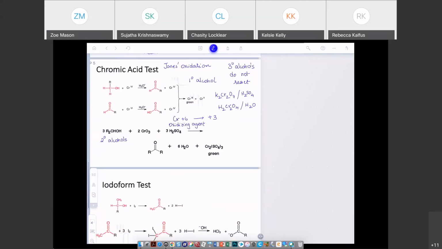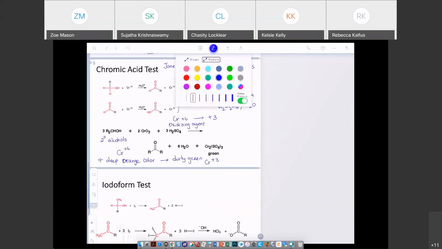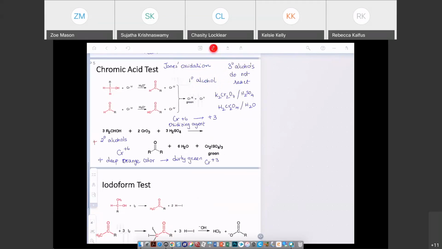With any of these chromium reagents, the positive test is that they start as a deep orange color and become a dirty green color. The dirty green color indicates the chromium +6 has become chromium +3. So you get a positive test for secondary alcohols, a positive test for primary alcohols, and tertiary alcohols do not react.